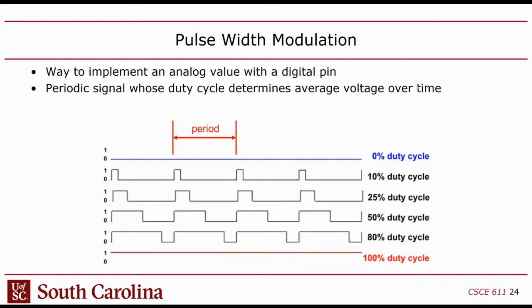But if you can filter those out, or if you have essentially a DC system like an LED, for instance, that you want to vary its brightness, then if you take out all the high frequency stuff, this signal looks like an analog signal.